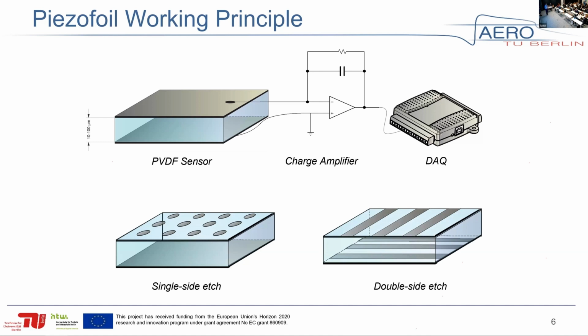In our work, we have used a double side etching, but with overlapping areas, not cross overlapping areas. Those need more complex electrical circuits, but it's possible.